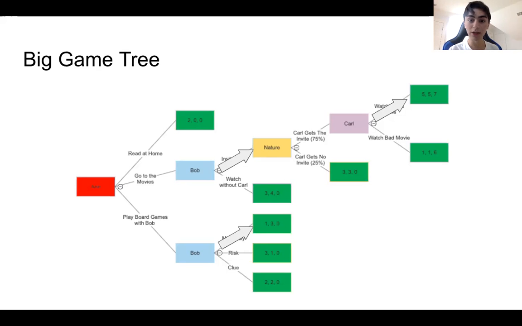Because of nature, we know that if she chooses to go to the movies, Bob's going to invite Carl, and so Anne with 25% chance will get 3, and with 75% chance will get 5. So that payoff is 4.5. So if she reads at home, she gets a payoff of 2. If she goes to the movies, she gets a payoff of 4.5 with probability. And if she plays board games with Bob, she gets an outcome of 1. So which one is she going to choose?